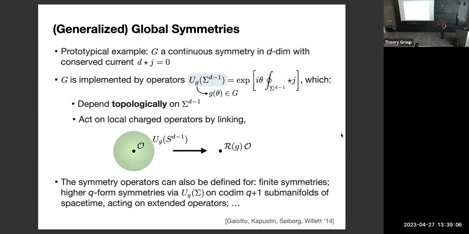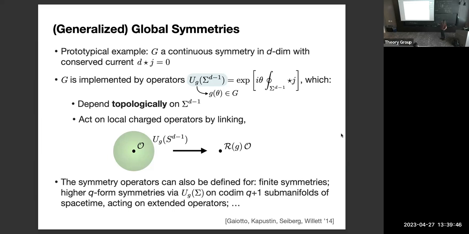Then the global symmetry can be thought of as implemented by operators, which are constructed as follows. First, I integrate the conserved current over a d-1 dimensional submanifold of space-time, and this gives me my conserved charge. I'll ignore Noether's theorem, and then I exponentiate this conserved charge, and this gives me an operator, which is the analog of the unitary operators from quantum mechanics that act on my Hilbert space and implement the symmetry.